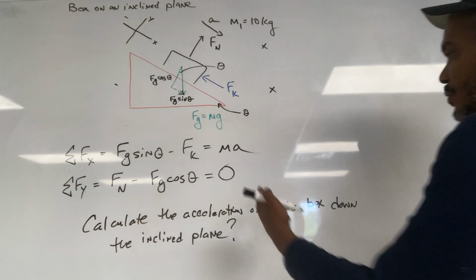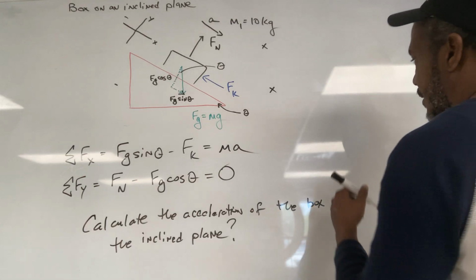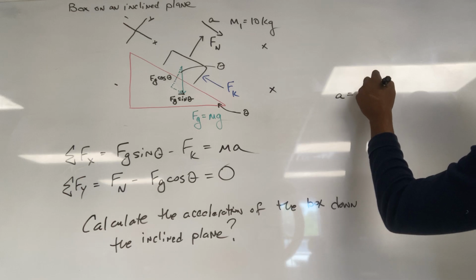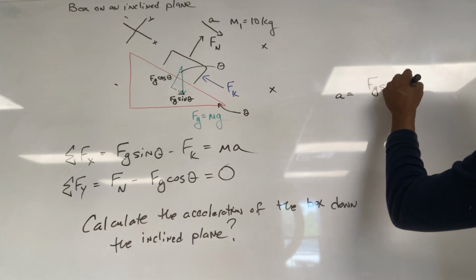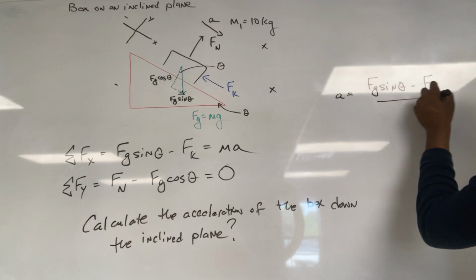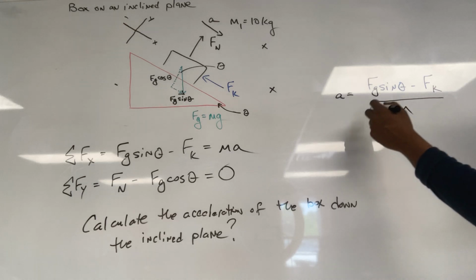Again, it's real simple. We just come here and work with the equation with the acceleration in it. That's where we start. A is equal to FG sine theta minus F of K, all over M. That's it. So now we have to fill things in accordingly.